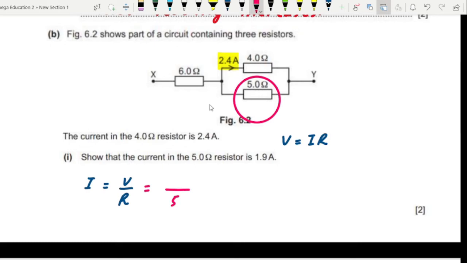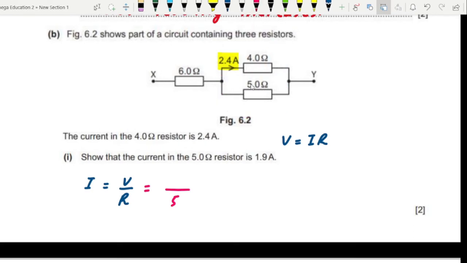One of the properties of a parallel circuit was that the voltage across all the components remains the same. So if somehow we are able to find the voltage across this one resistor, that would be the same as the voltage across the lower one, because both of them are connected in parallel.